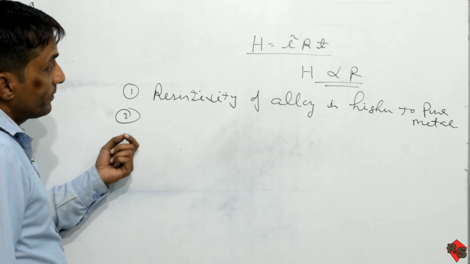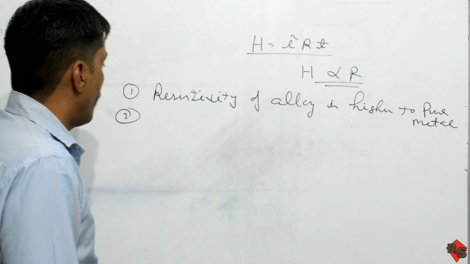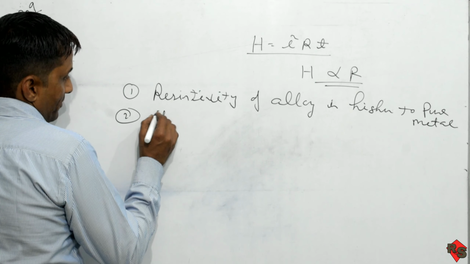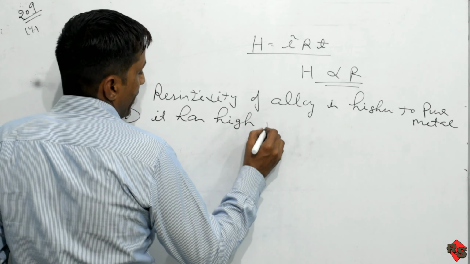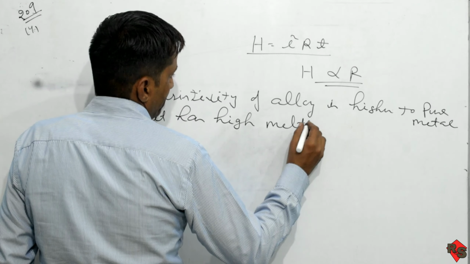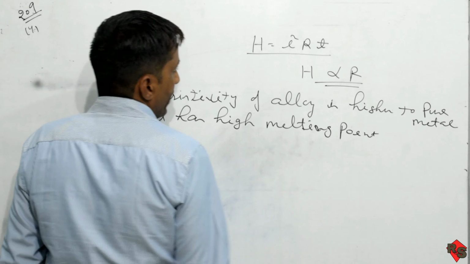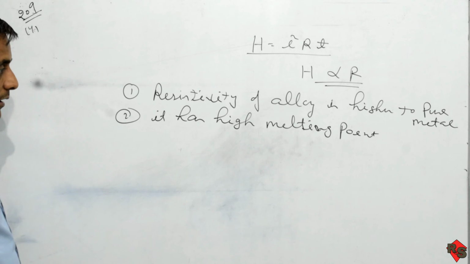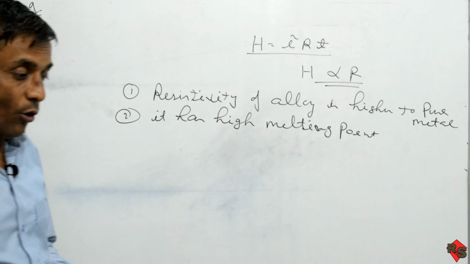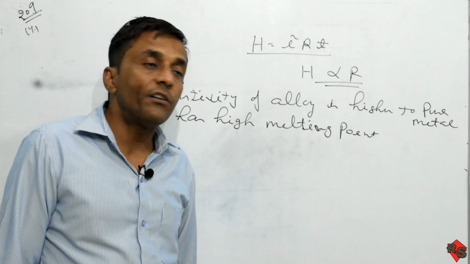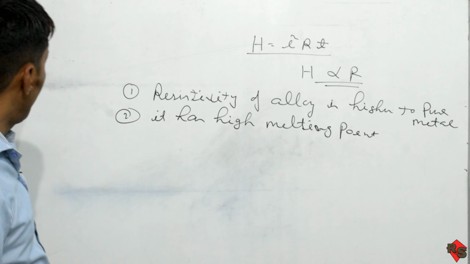So an alloy has a higher melting point. So we can use alloys in toasters, electric irons and many more equipments that produce heat. Okay, and the next question.